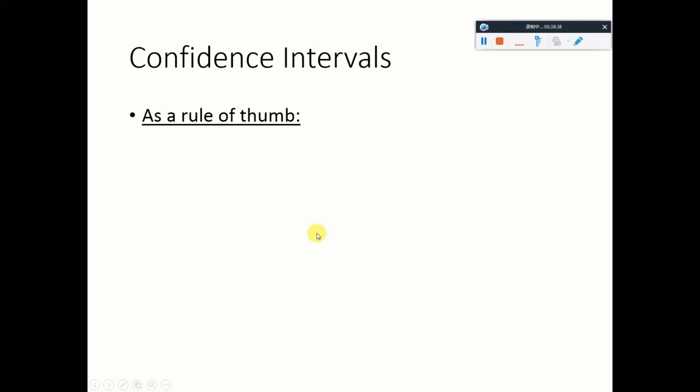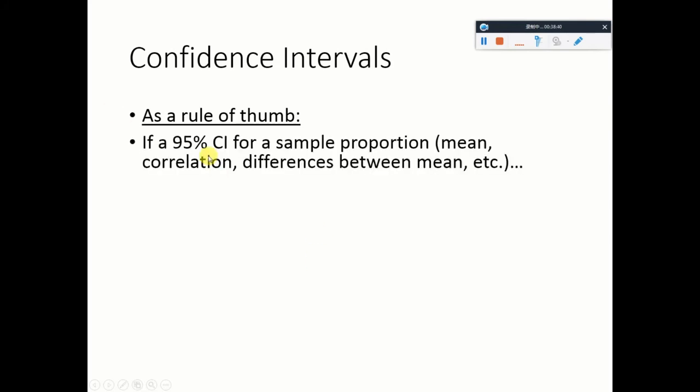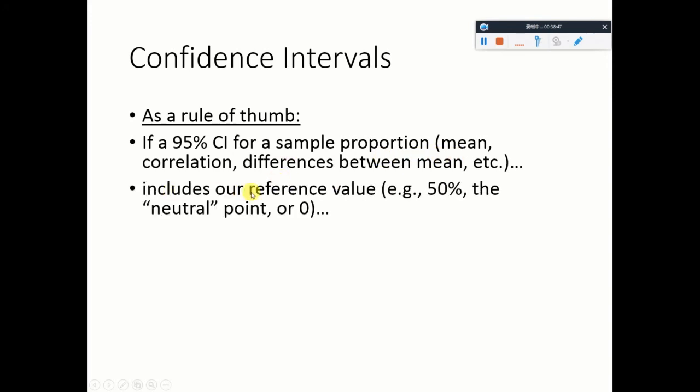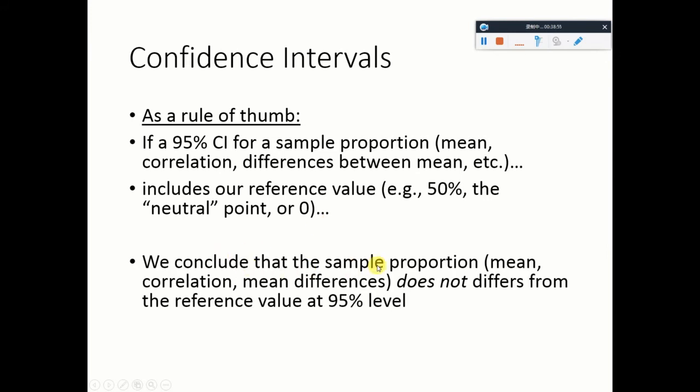In contrast, if the 95% confidence interval for a sample proportion, mean, or any statistic includes the reference value, 0, the neutral point on an attitude scale, or 50%, then the point estimate does not differ from the reference value at the 95% level.